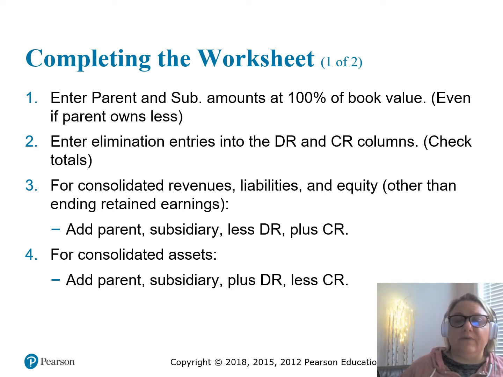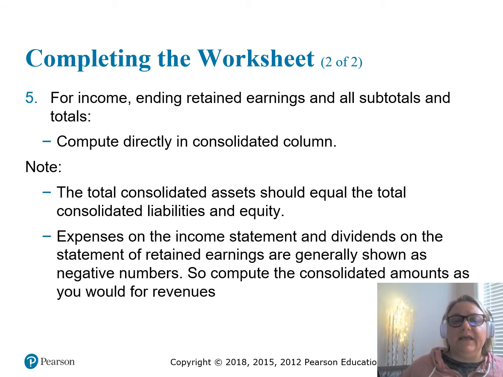For consolidated revenues, liabilities, and equities, other than ending retained earnings, we're going to add the parent and subsidiary less the debits and credits, and for consolidated assets, we're going to add the parent and subsidiary less the debits and credits, and these are all for the adjustments in value. For income, ending retained earnings, and all subtotals, we're going to compute those directly into the consolidated column, the very last column.